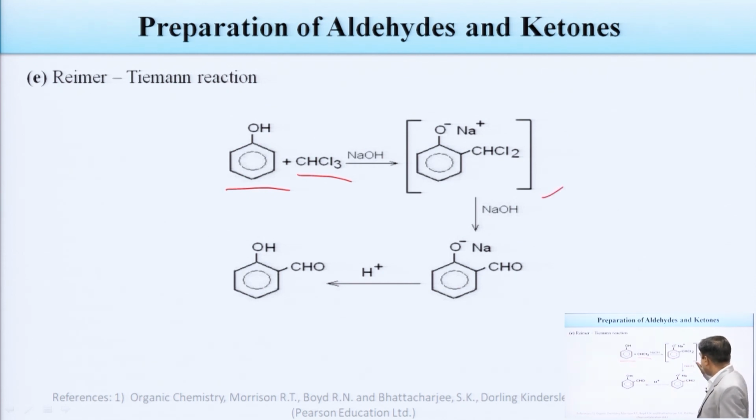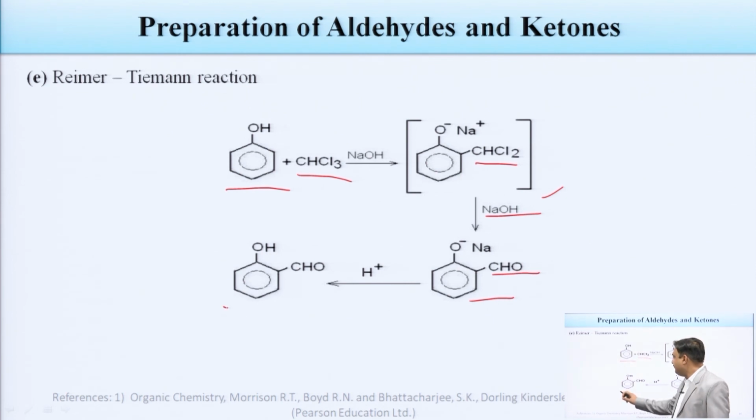Again this salt in the presence of base, you can see this CHCl2 is converted into CHO, and then acidic hydrolysis occurs and we get the benzaldehyde derivative of phenol.